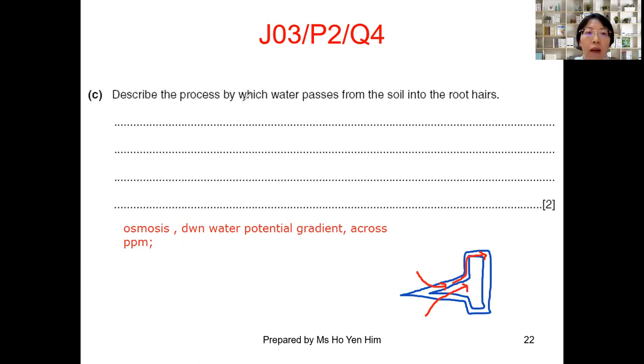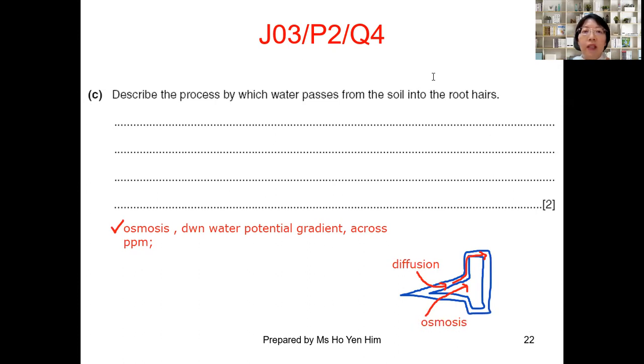So there are two ways of water movement, right? The first way is called diffusion, because the water doesn't pass through the membrane, okay? And then the second way is by osmosis, because the water passes through the cell surface membrane. And both diffusion and osmosis move down the water potential gradient.